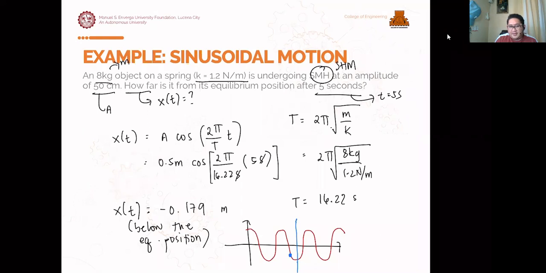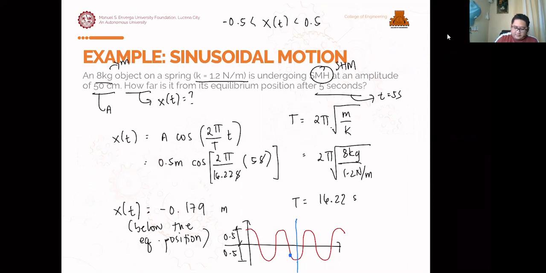Ano pa yung pwede nating ma-observe dito? So, yung value natin ng amplitude is 0.5, no? Amplitude natin is maximum 'yan. Maximum na distance mula doon sa equilibrium position natin. So, ito yung 0.5, then itong sa ilalim, 0.5 din 'yan. So, ibig sabihin, dapat yung value ng x natin is in between ng range na to.